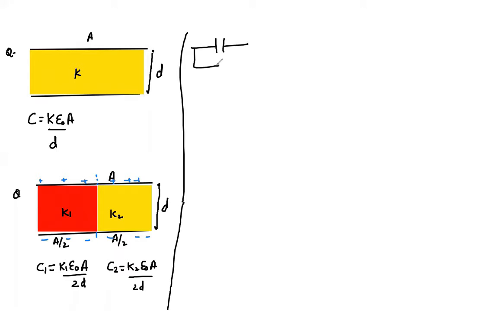The simplified circuit is this one. This is C1 and this is C2. So your C equivalent is C1 plus C2. So your C equivalent is K1 epsilon naught A over 2D plus K2 epsilon naught A over 2D.